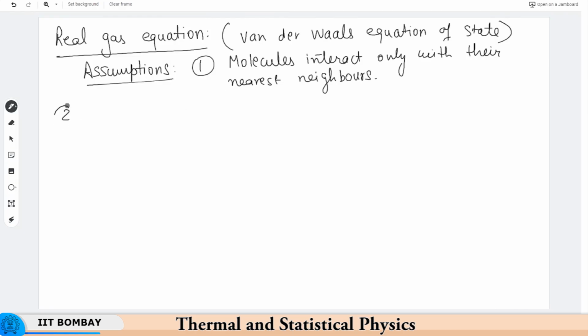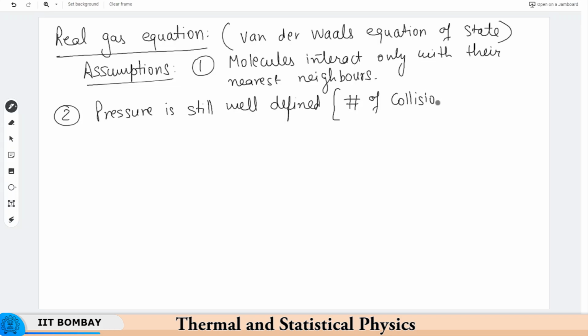And the other assumption that we will make is that the pressure is still well defined. What that means is, let me write that: the number of collisions with the walls per unit time does not change, it is the same as the ideal gas.